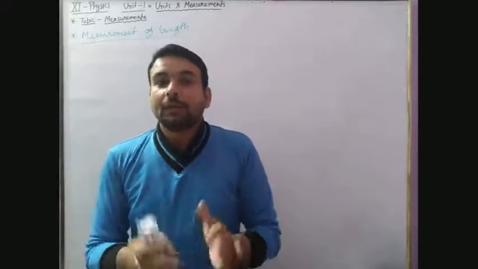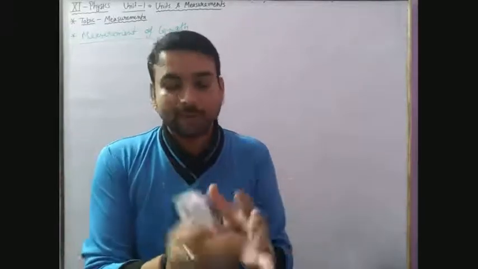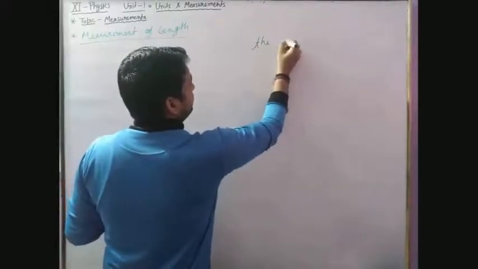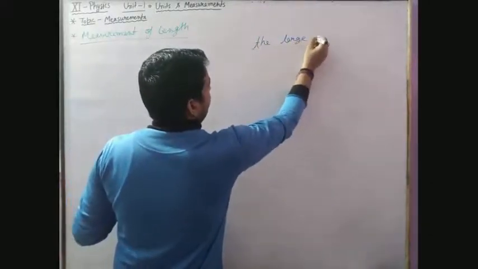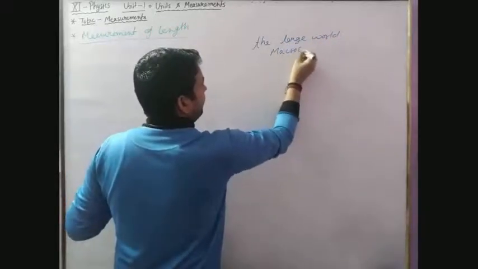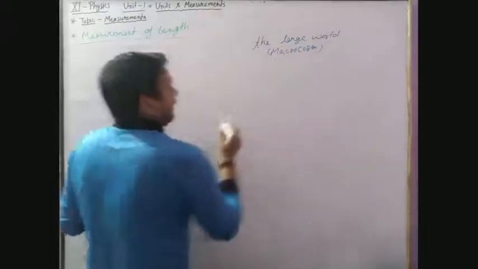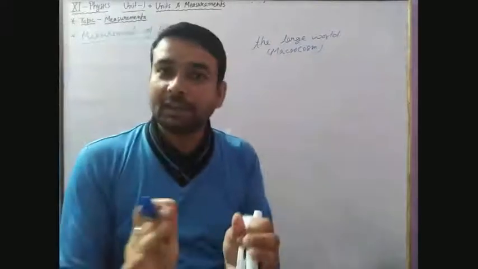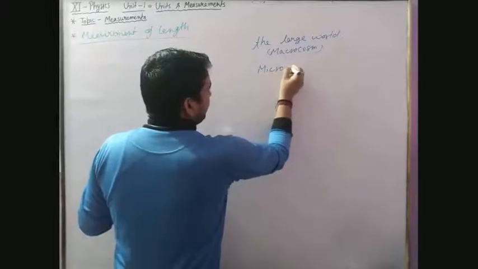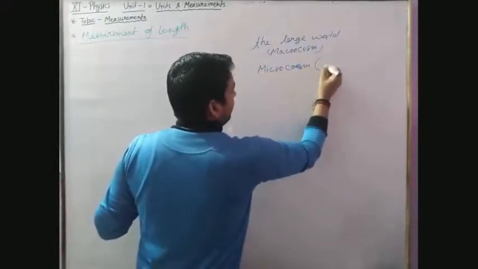Which means these are basically called the large world or macrocosm. Okay, and another, if we think about microcosm things, like a small world.